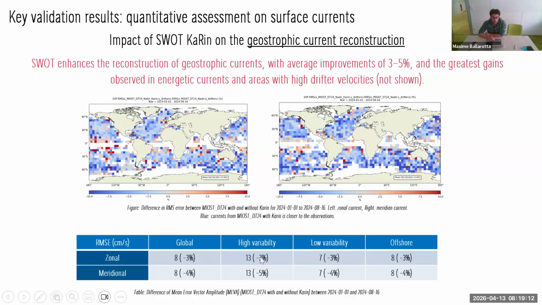The level of reduction is on average quite stable, depending on the region that we select, either global, high variability, low variability or offshore regions.